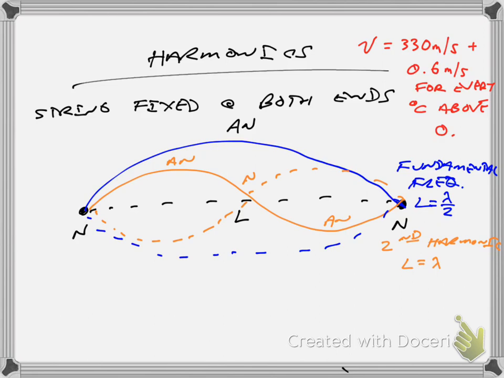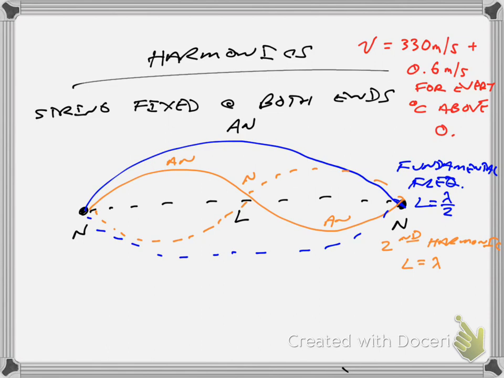And I've just labeled the new node in the middle and the corresponding antinodes on each side. And of course, again, the dotted line just represents the alternate position, so it's going to oscillate back and forth between the solid line and the dotted line, and that's why at N it's not moving.